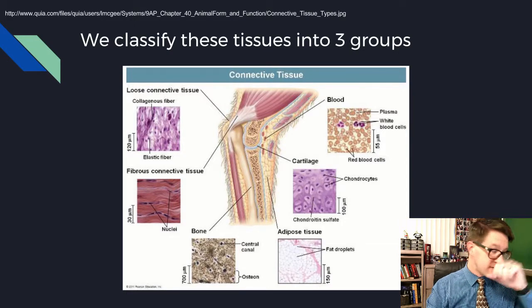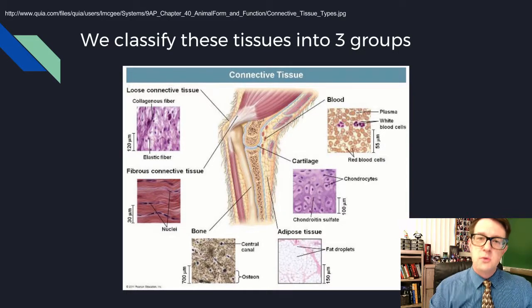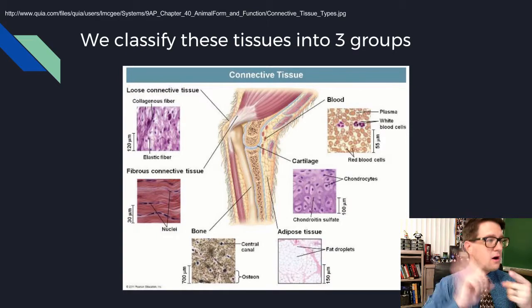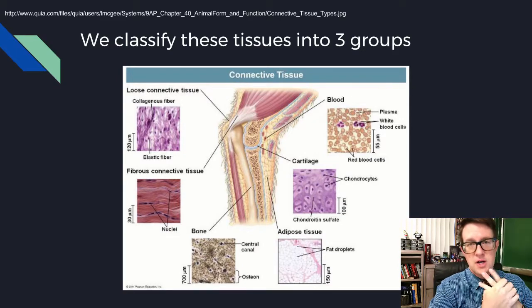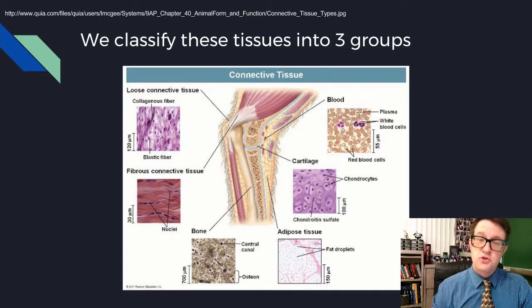When we look at connective tissues, we put them into three categories. For the most part, they're structural, or they're going to be fluid, or they're going to be what we call proper connective tissues. So: proper connective tissues, structural ones, or fluid ones.